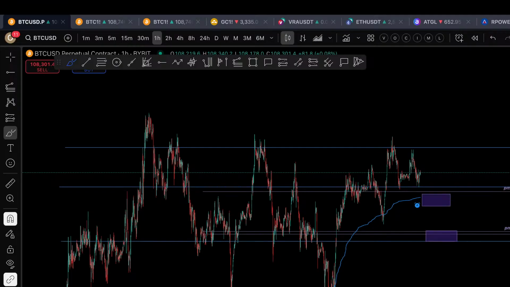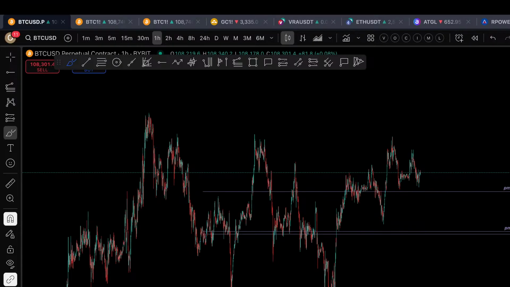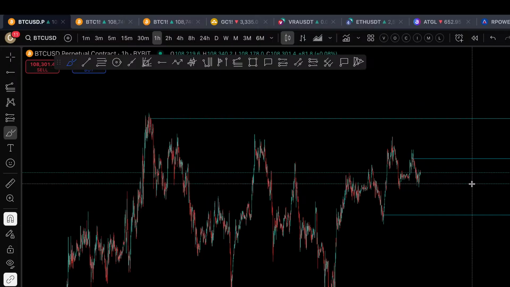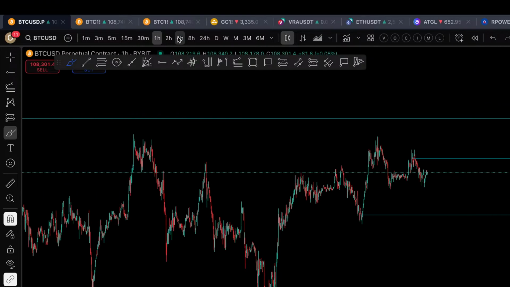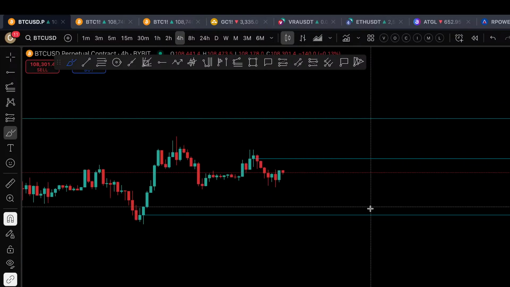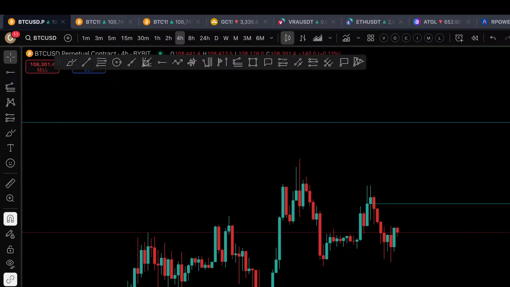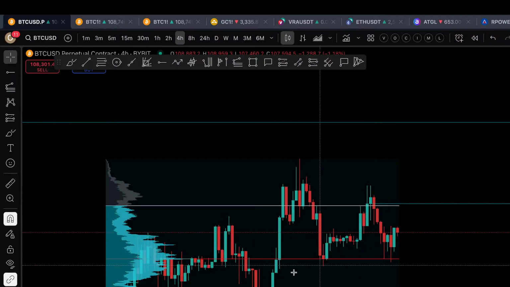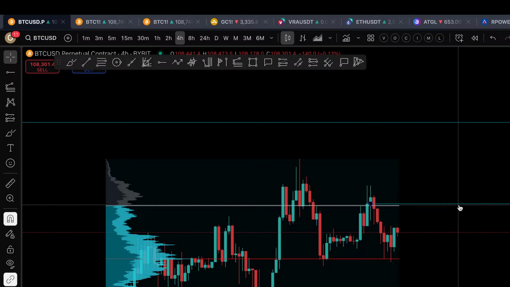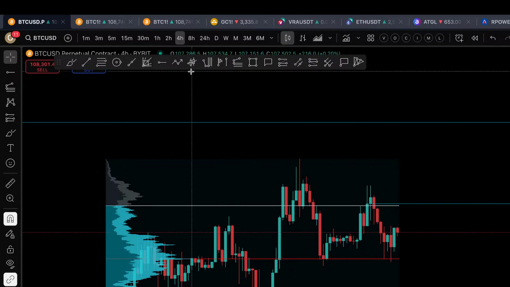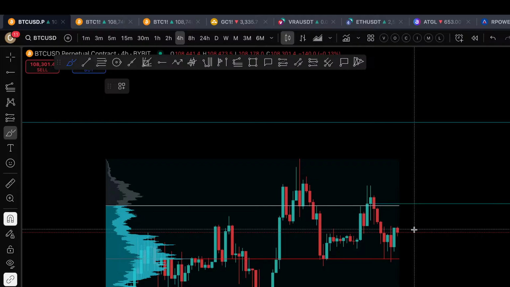Moving on, we also have a daily here, and that daily is sitting right at this range value area high, which should also offer a scalp short.